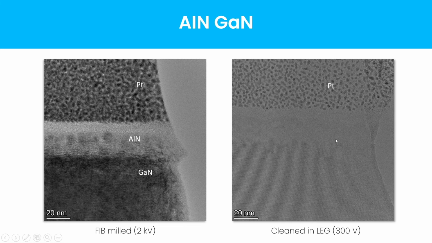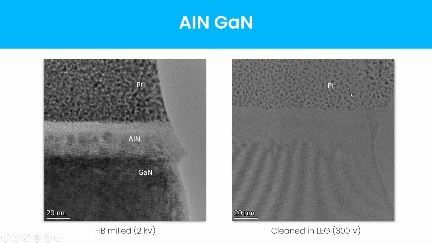Now if you look at the other image with the cleaned sample, first I'd like to point out this region. You see it is full of small platinum particles.